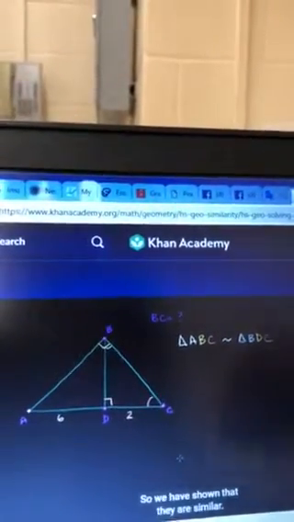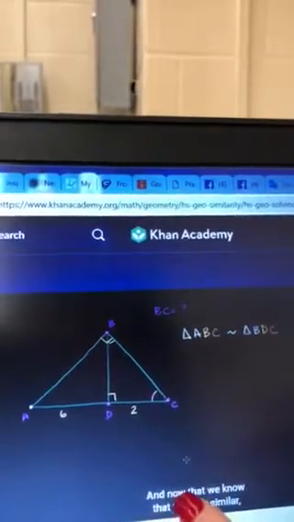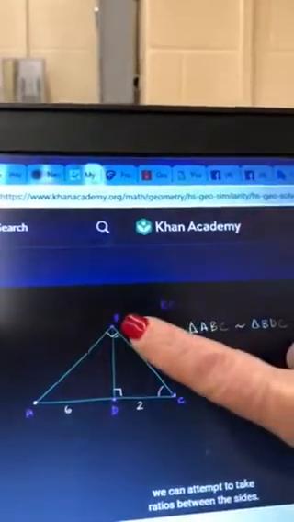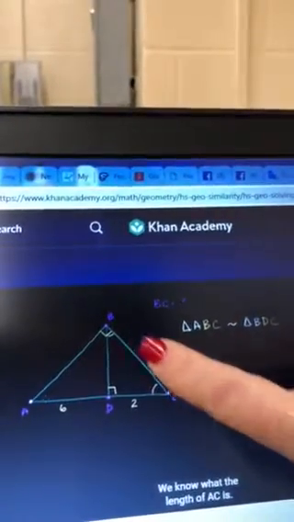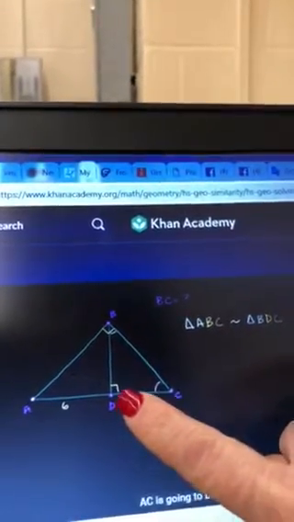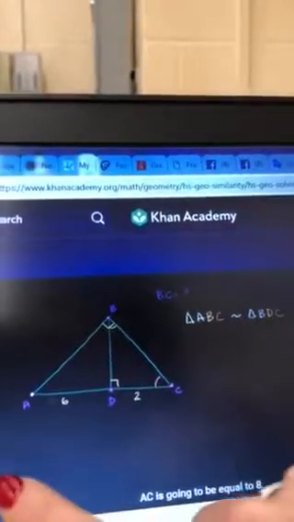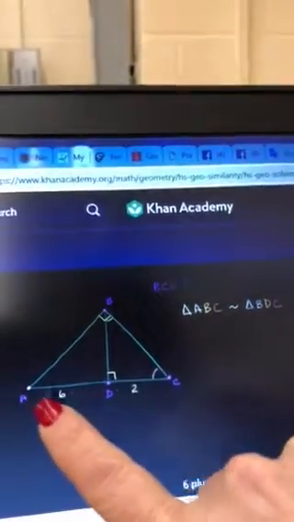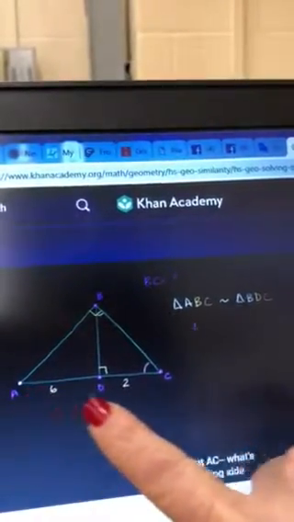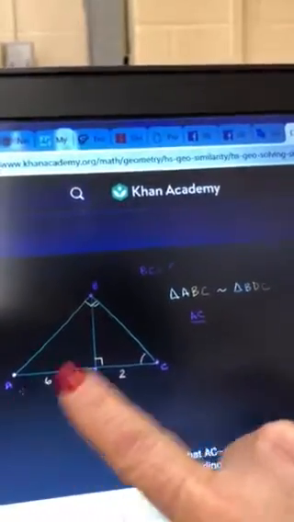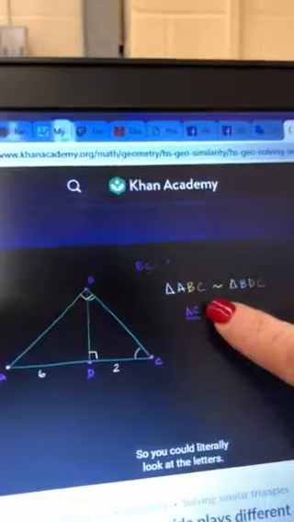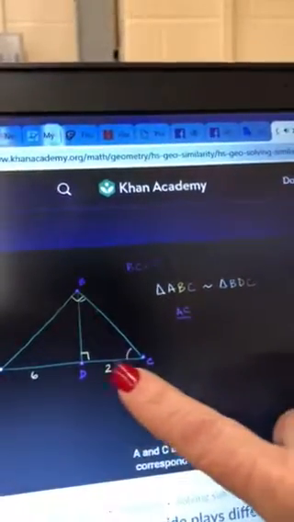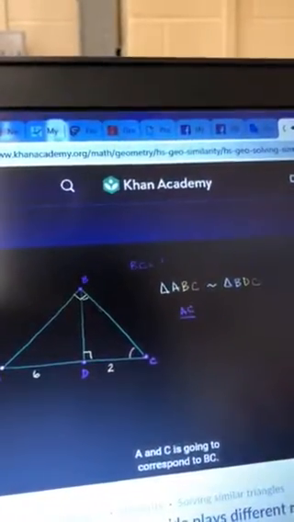All right, so remember that the hypotenuse on the little triangle is BC. That's the one across from the right angle. But in the big triangle, AC is the hypotenuse because that's opposite the right angle. Okay, so here he has it, AC, that's the hypotenuse in the big triangle, right?